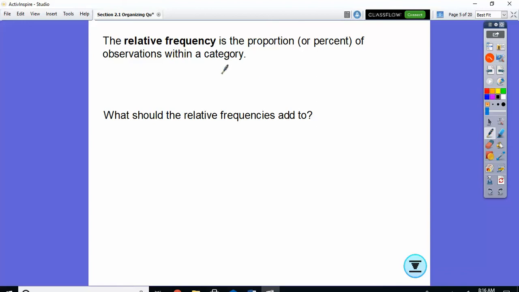To find a relative frequency, you just take your frequency divided by the total observations. Anytime you want to find a percent, it's just the part you have divided by the total.